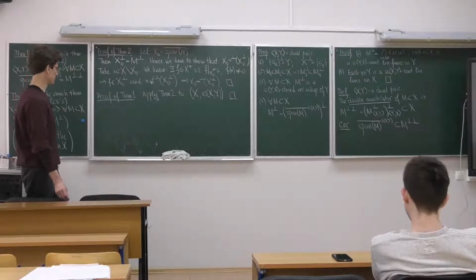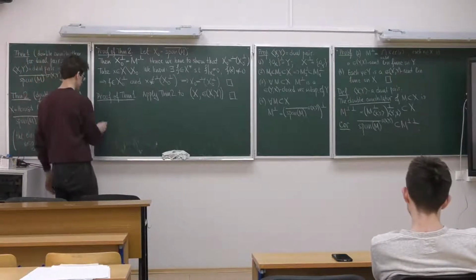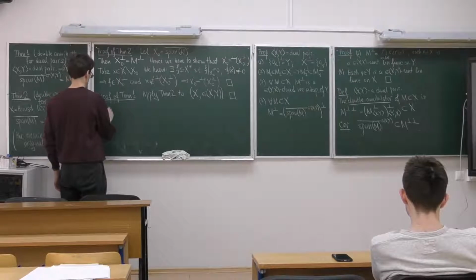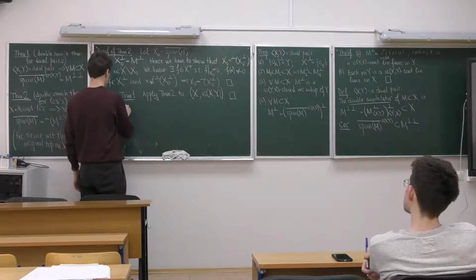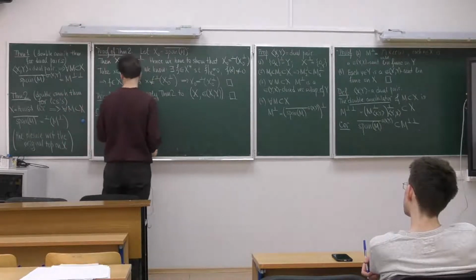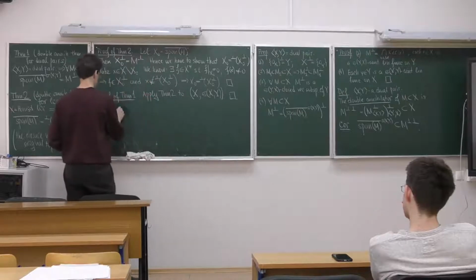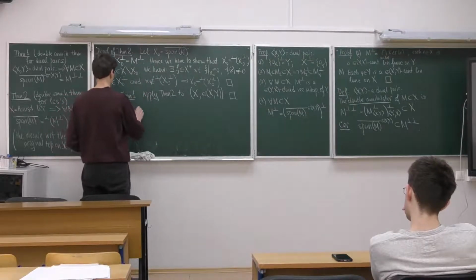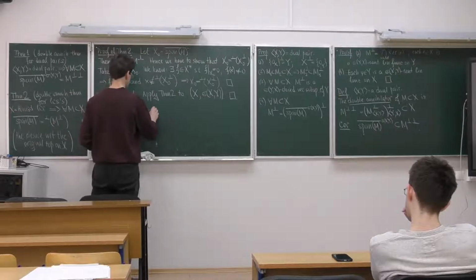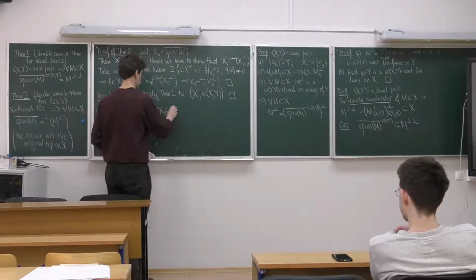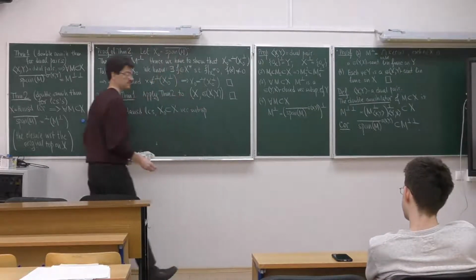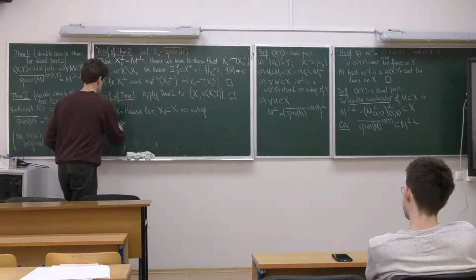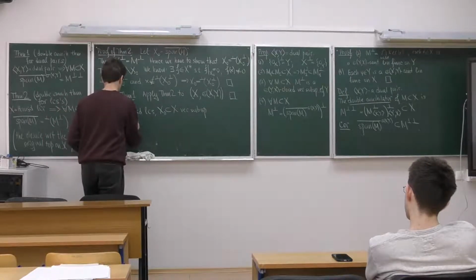Okay, let's now look at some corollaries of all these results. Corollary 1: take an arbitrary Hausdorff locally convex space X, and suppose that X0 is a vector subspace of X. So I claim that the closure of X0 equals the weak closure.